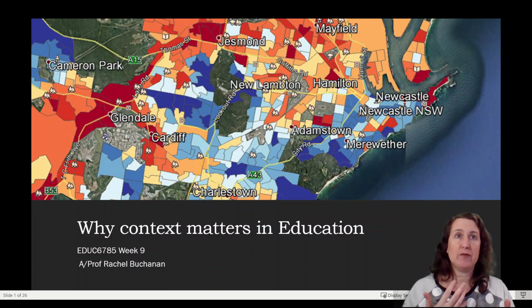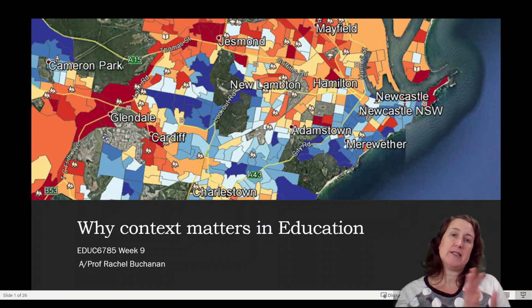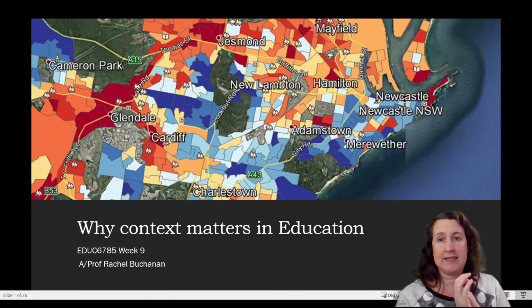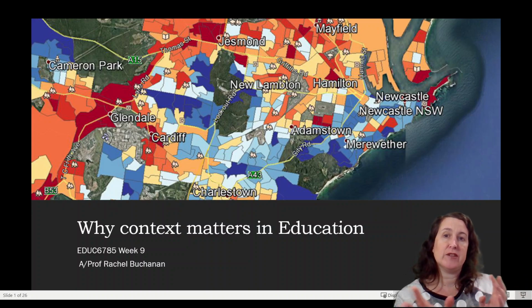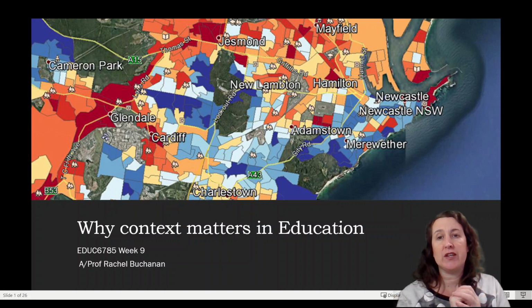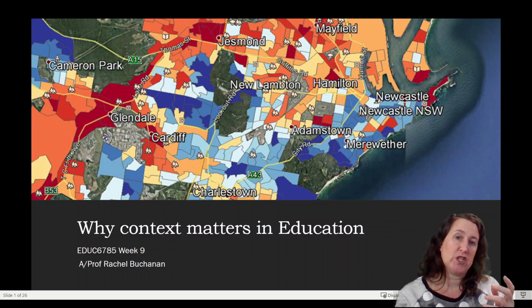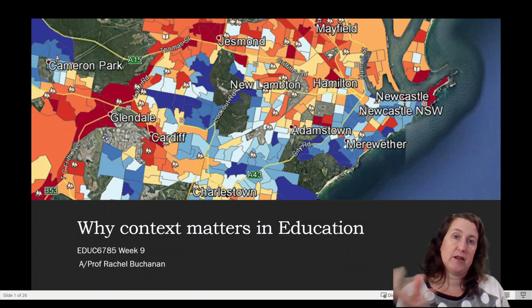So you can see that the background that I'm using for this slide is a map of Newcastle, and it's divided up by SES. SES is short for socioeconomic status, and we can see that there's quite a disparity even in areas that are quite physically close together between some of the areas with low SES, which is in the red, and some of the areas which are very high SES, which is the navy blue, as well as areas that are in between.